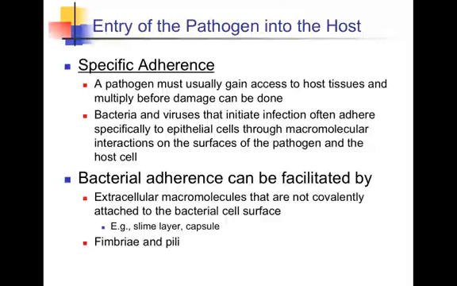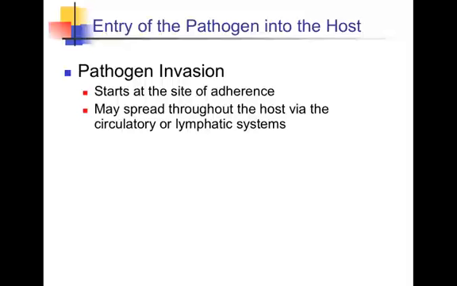This can also be mediated by fimbriae and pili, and we've discussed these things previously, in that these structures can allow attachment or promote attachment to cell surfaces or other environmental surfaces. Same basic process here, just for a pathogen. Once that occurs, a pathogen needs to invade, sort of move past that site of adherence to access additional resources and also potentially evade detection and removal by the host immune system.